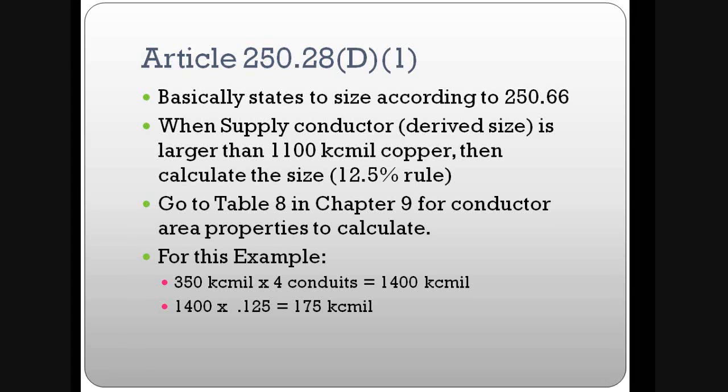So we can go to Table 8 in Chapter 9 and look under 175 kcmil to find out what wire size that is. You can find that 175,000 in Table 8, Chapter 9 is in fact a 4/0 wire, so that becomes the size of our jumper in this particular example.